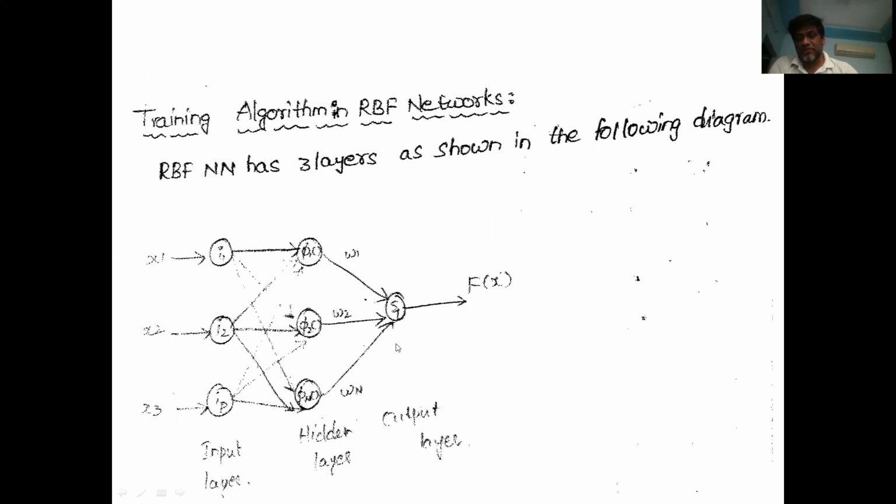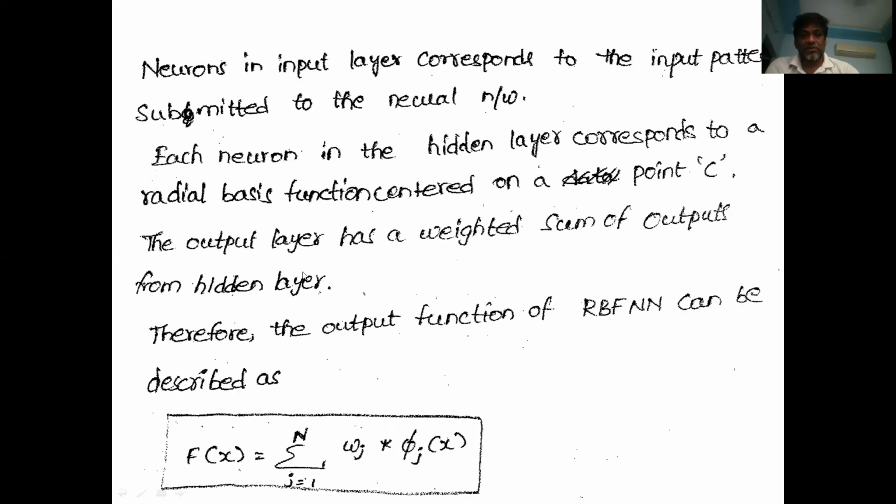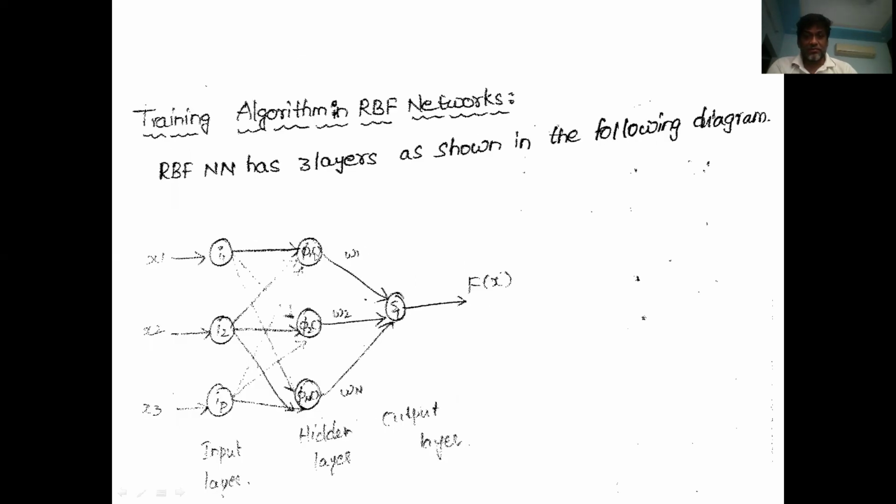So weighted sum is always there. The final output from the output neuron can be treated as a weighted sum of outputs from the hidden layer. That means the outputs from hidden space, let us say phi 1 of x, phi 2 of x, and so on, phi n of x, and the weights connecting to this output neuron w1, w2, and so on, wn.